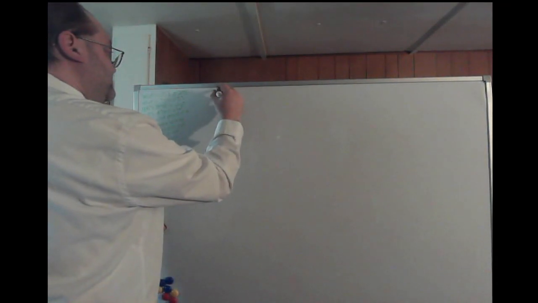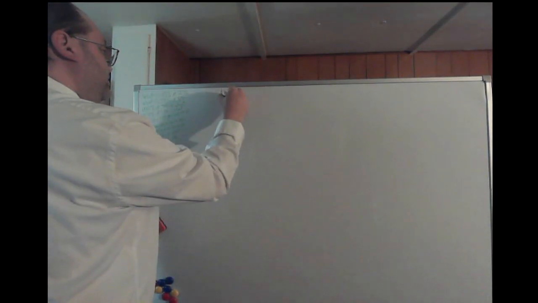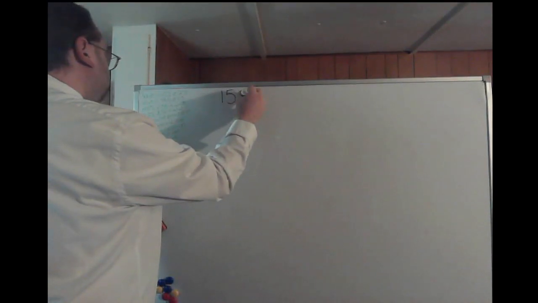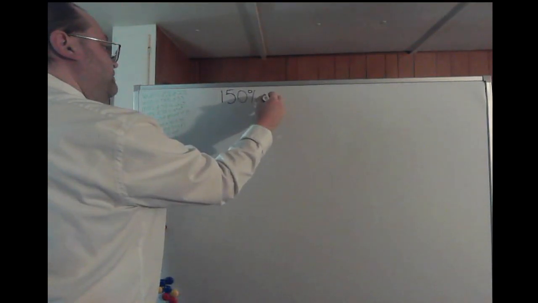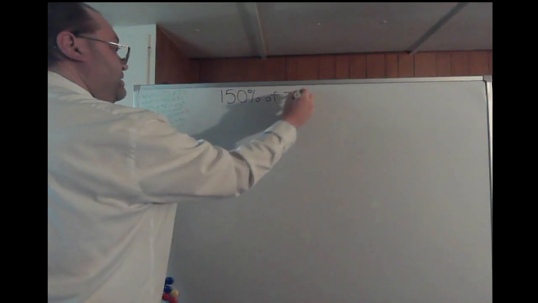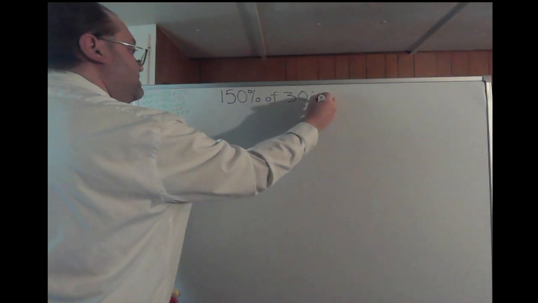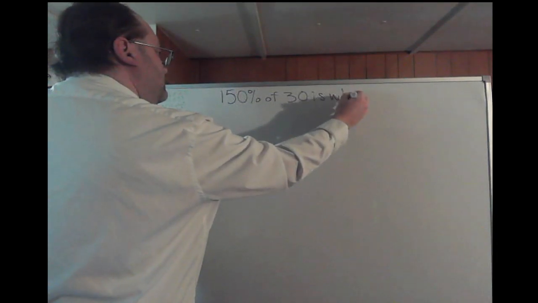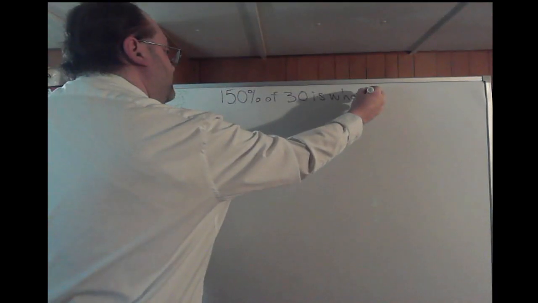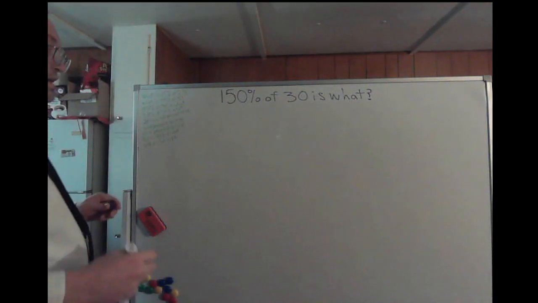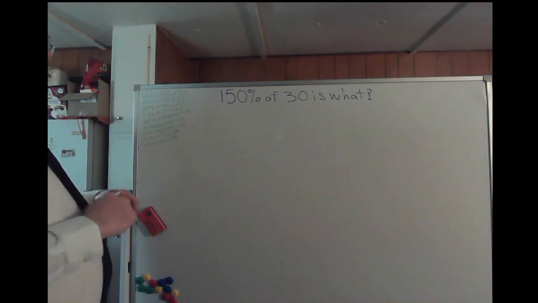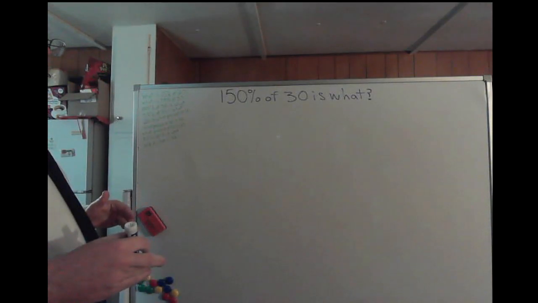Alright. Now, you also may see it written this way. 150% of 30 is what? 150% of 30 is what? Basically, this problem is backwards wording from what we've had before.